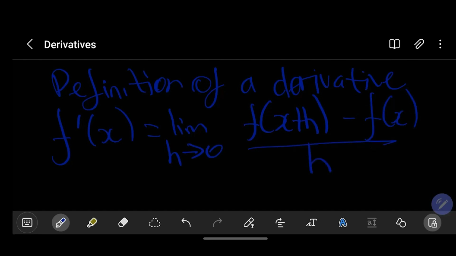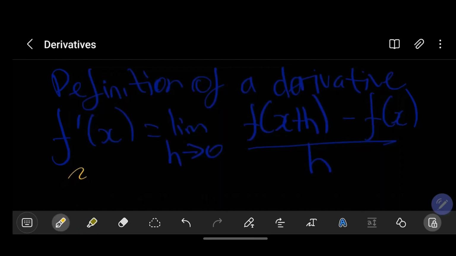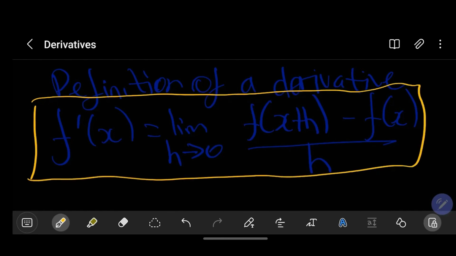Just take note of this formula, because we will be using it in some of the examples that we are going to look at next. So like always, let's jump into the rules.